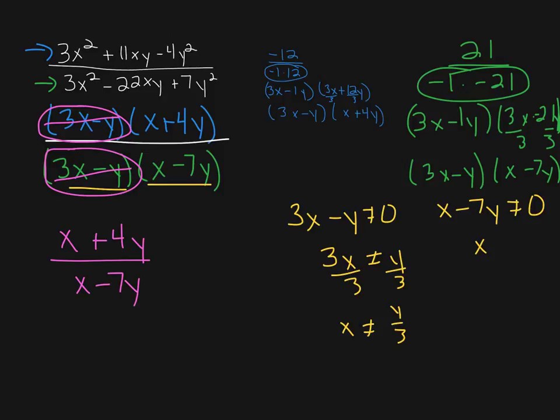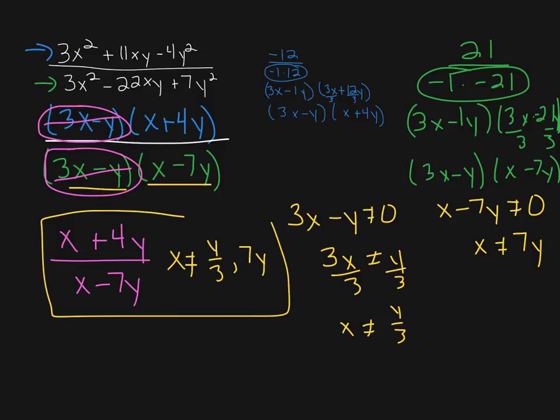Or x cannot equal 7y. So we have x plus 4y over x minus 7y. And then x cannot equal y over 3 or 7y.